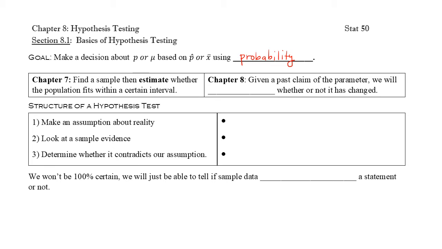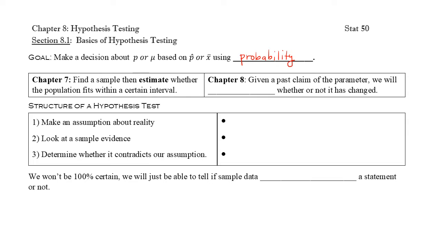In Chapter 7, we got an introduction to inferential statistics, where we were able to get an idea of how accurate our estimate is by building an interval around that estimate that would hopefully capture the true proportion or the true mean within that interval.